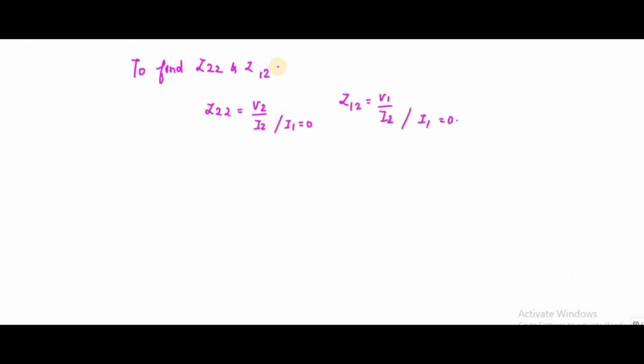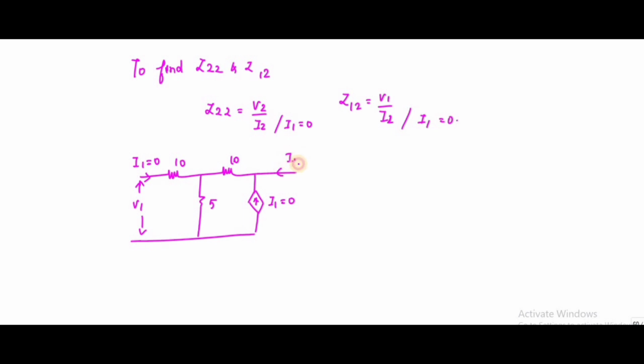Now I'm going to draw the network for I1 equal to 0. This is I1, whose value is 0, and I'm going to substitute the resistance values, plus 5, and this is I2.